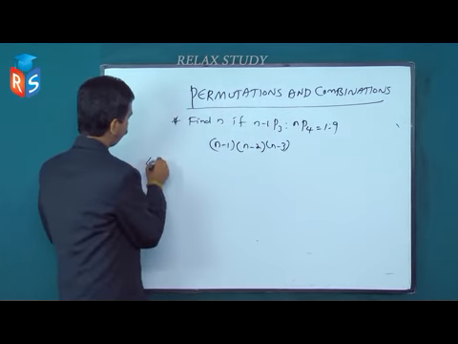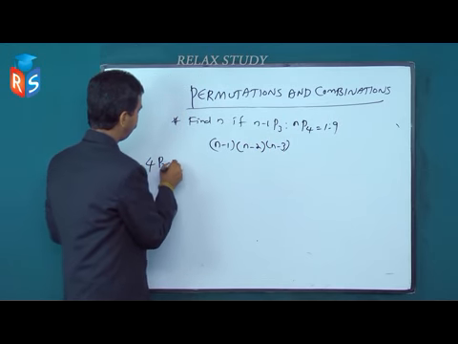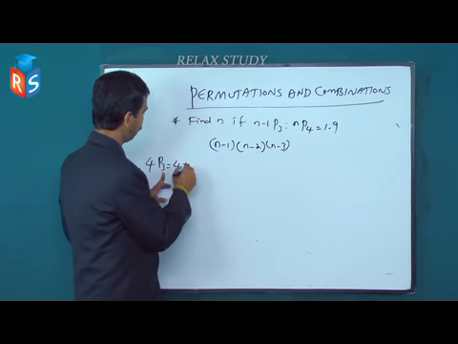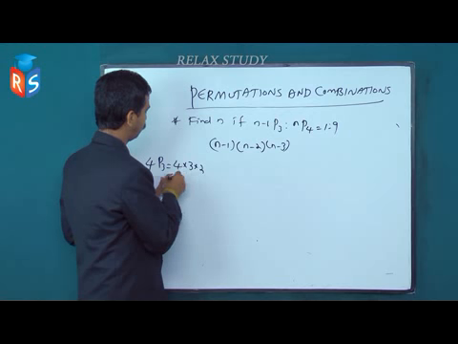For example, 4 P3 can be easily written as 4 into, starting from 4 and going 3 numbers back, 4 into 3 into 2.